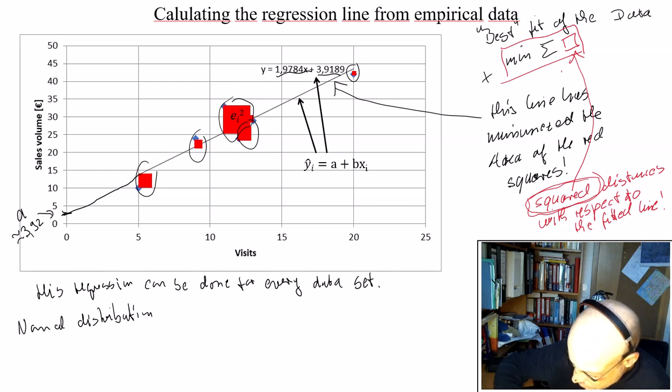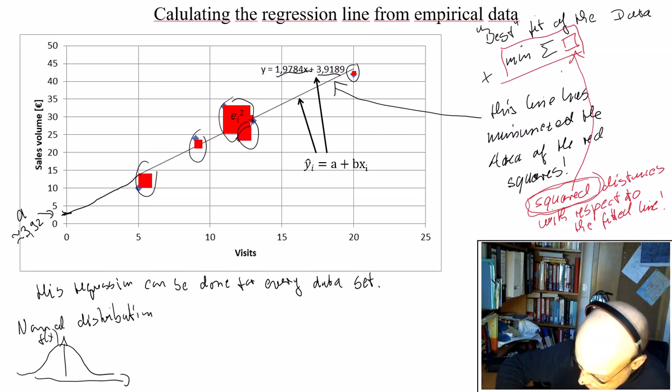And the normal distribution, this is this Gaussian curve.